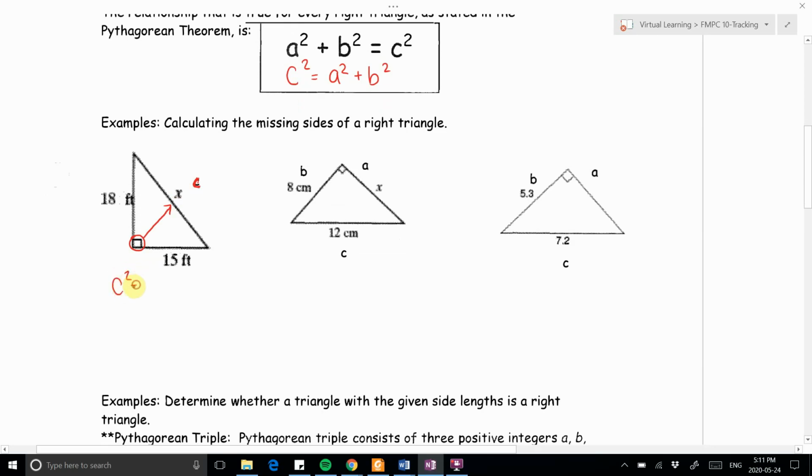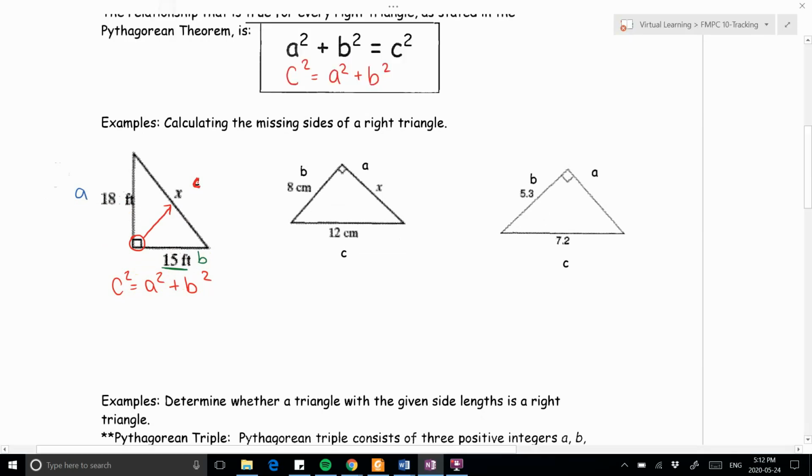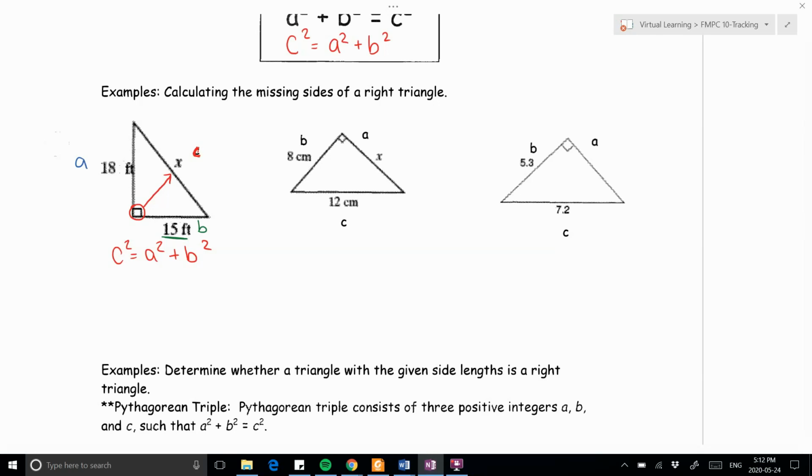So we know that C squared is equal to A squared plus B squared. In this case, I've got that A and B. Now remember what I said, it doesn't really matter which one you make which. What matters is C. C has to be the hypotenuse.